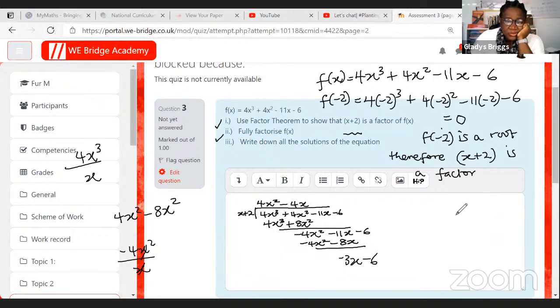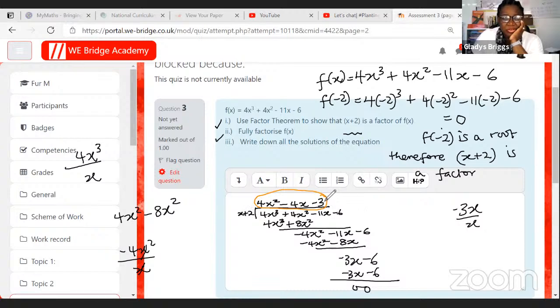Okay, so minus 3x divided by x is equal to minus 3. Minus 3 times x is minus 3x. Minus 3 times 2 is minus 6. And I think everything here will come to 0. So this is question 2.